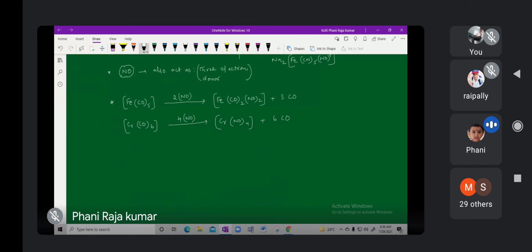That means each NO functions as a 3 electron donor. In the second example, 6 COs means 12 electrons of carbon monoxide, satisfied by 4 NOs. 4 into 3 is 12. Therefore, 12 electrons of 6 carbon monoxide molecules are satisfied by 4 into 3 electrons of NO molecules. So these two reactions are good examples showing NO acts as a 3 electron donor.